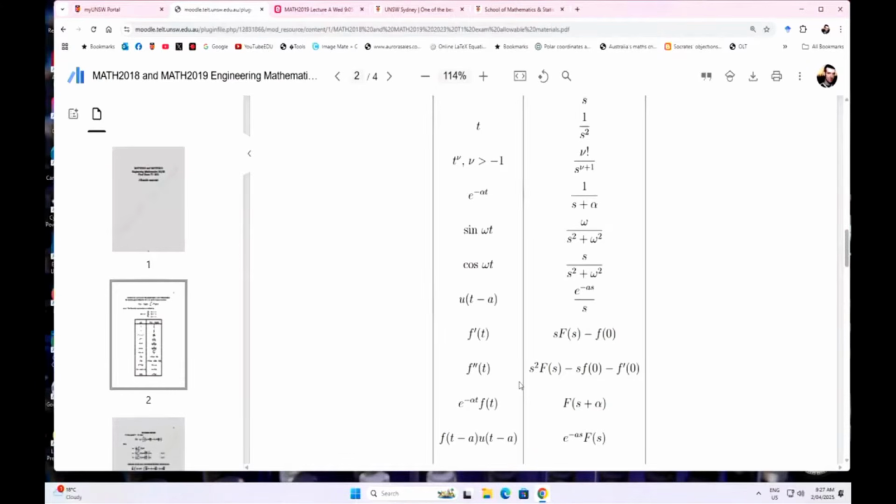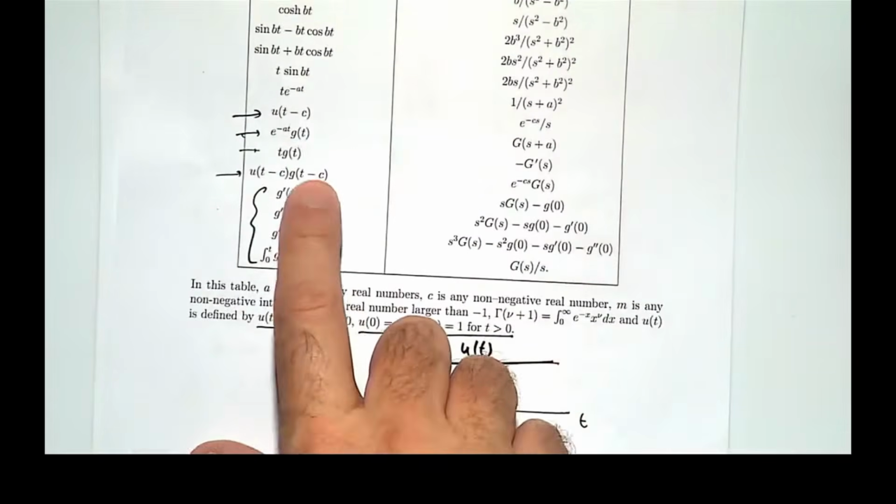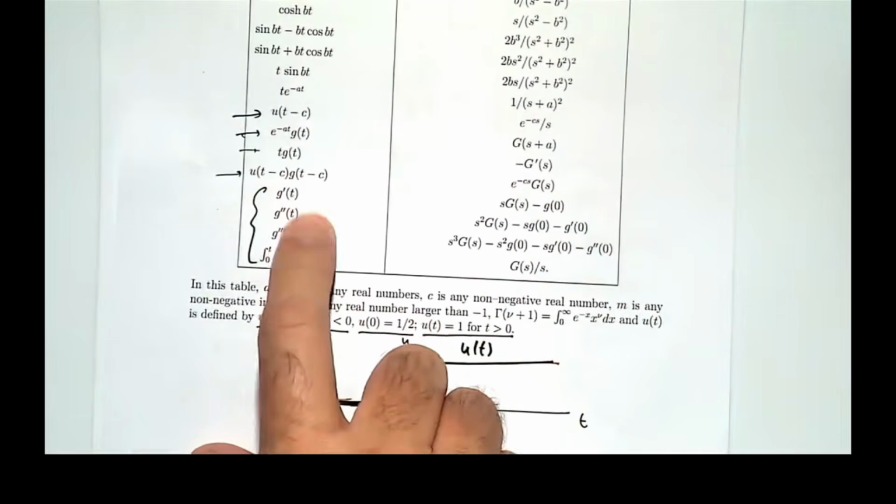Now I also said that when we get down here, this is where we're going to start using transforms to solve differential equations. And that's the key thing. If you can understand one thing about Laplace transforms and their relation to differential equations, it's this. If you transform a derivative of something, then the transform undoes the derivative.